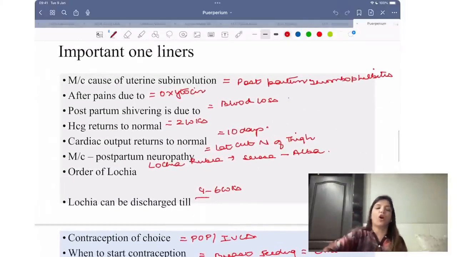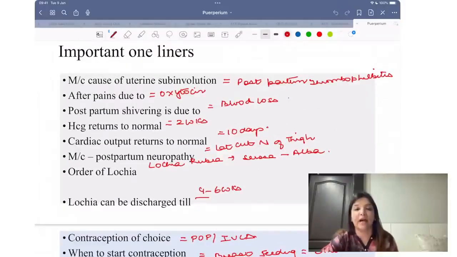What is the most common cause of uterine subinvolution? Please remember, the most common cause of uterine subinvolution is postpartum thrombophlebitis. Right? Then if they ask you, after pains are due to, what is after pain? After pain is the pain which happens when a baby is suckling the breast.